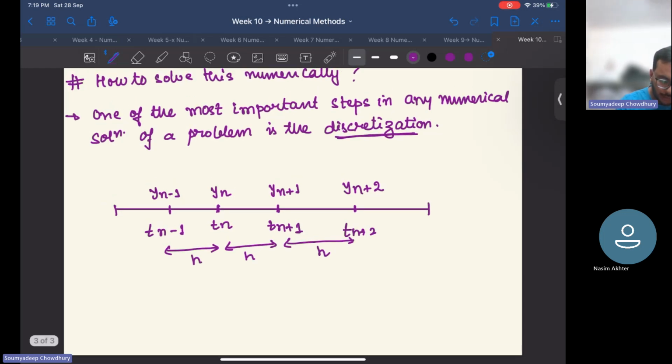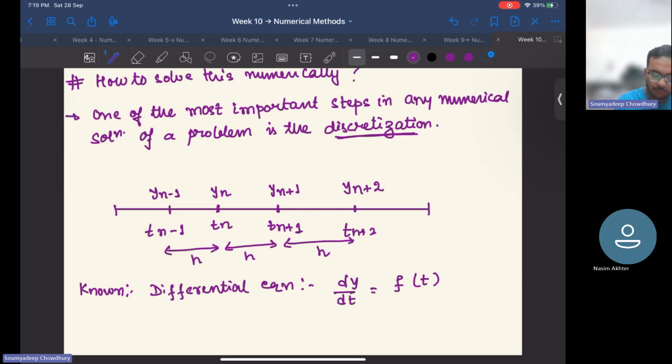Okay. So suppose what will be known to you? The differential equation will be given to you. That is the relation between the derivative of y and t. I'm talking about first order, dy by dt will be equal to some f of t. This will be known to you, right? And an initial value, any particular value, will be given to you.